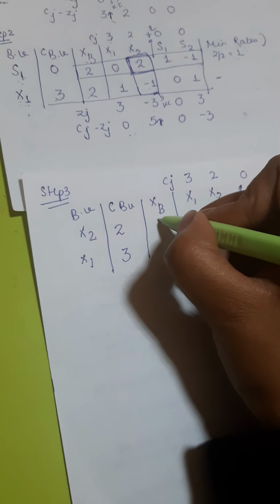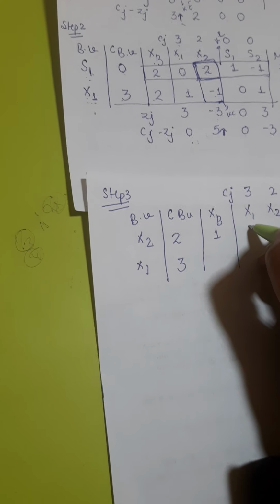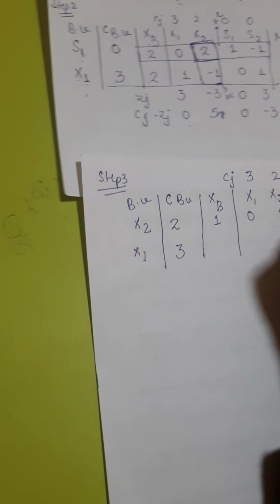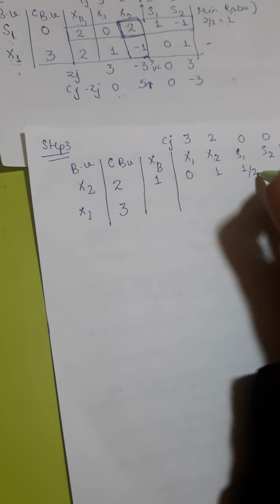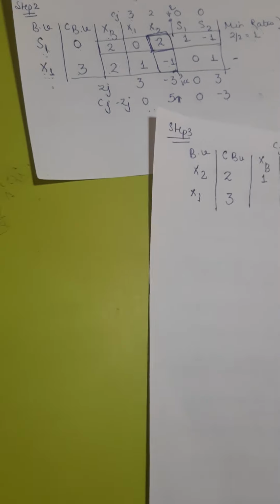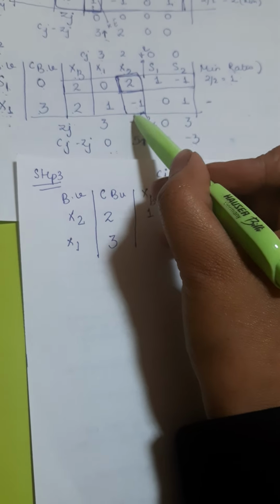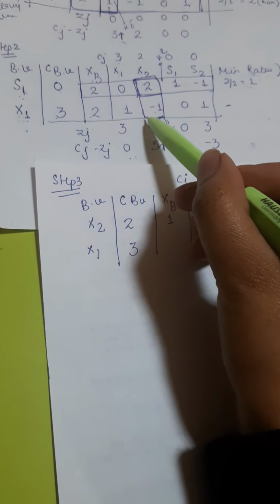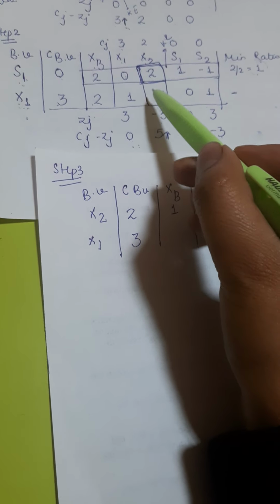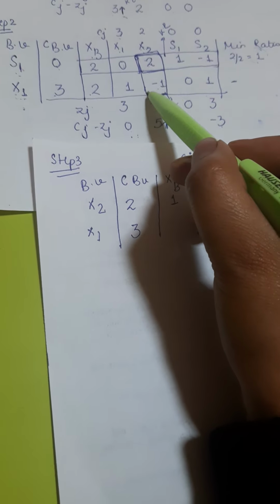So we divide the whole row by 2. In the next column, it is written 2, 1, minus 1, 0 and 1. The above and below elements of the key element should be 0, so we make it 1 by dividing the whole row.